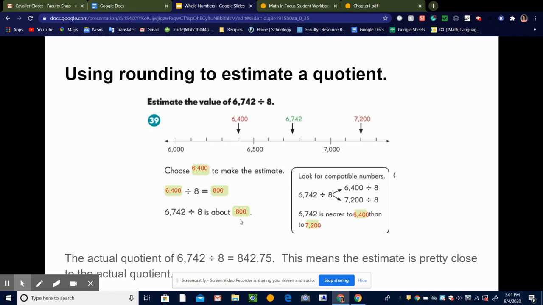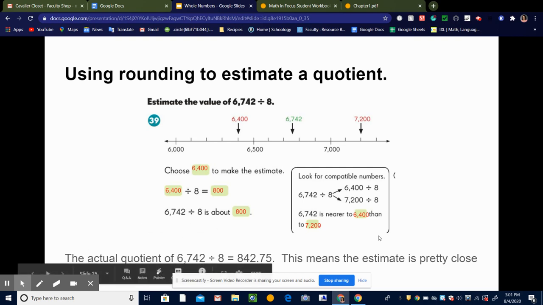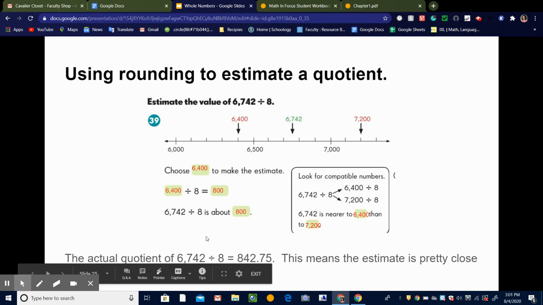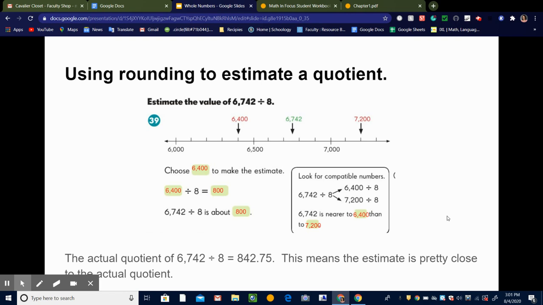So that means it's about 800. Just to look down here to compare, it says the actual quotient is 842 and 75 hundredths. So that's pretty close to 800. So we know we're in the ballpark. We know we got a general good idea of the answer.